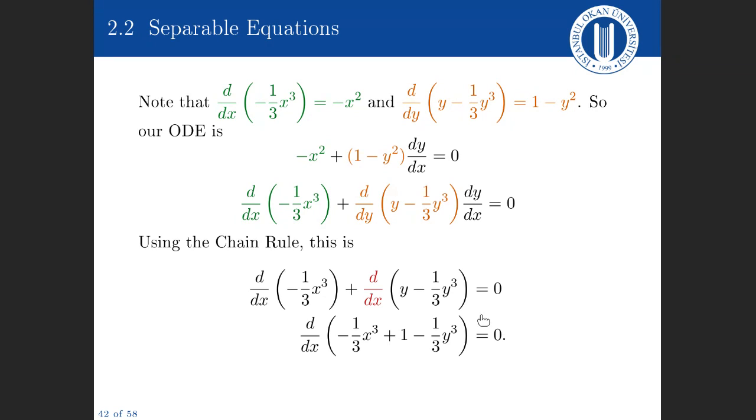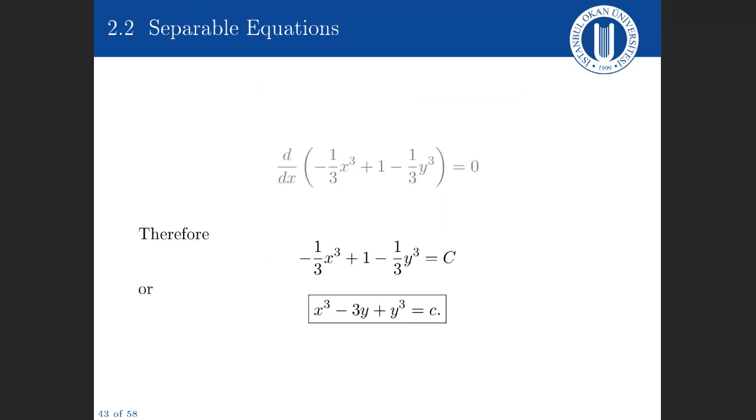But if you recall your chain rule from first year multivariable calculus, remember that d/dx of y minus 1/3 y cubed is the same as d/dy of this function, times dy/dx. So really our differential equation can be written as the derivative with respect to x of minus 1/3 x cubed plus y minus 1/3 y cubed is equal to 0.